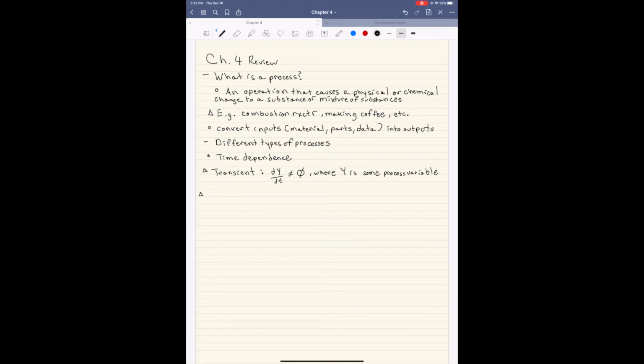The converse of this is a steady state process. And so in this type of process, y is constant over all time. And so its derivative, dy/dt, is going to be equal to 0. We could also classify processes based on whether or not they have input or output streams.